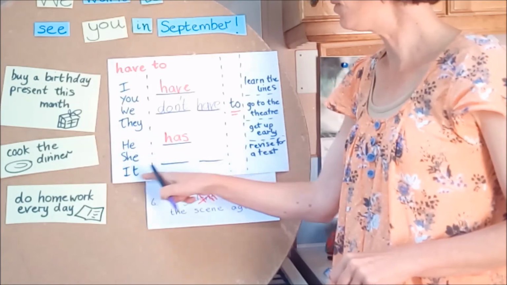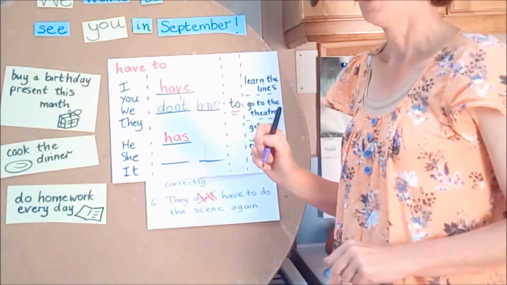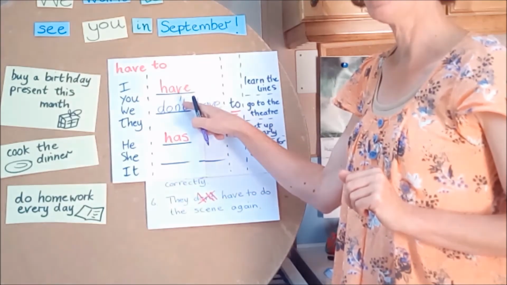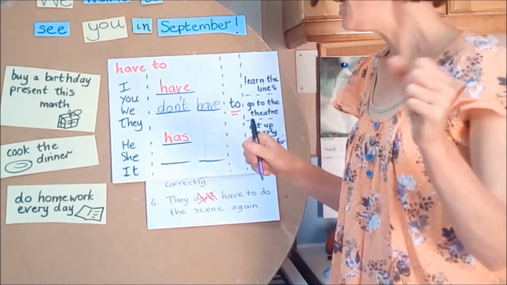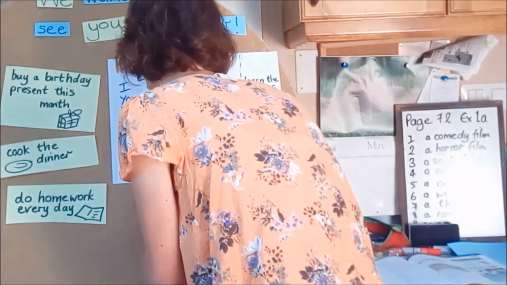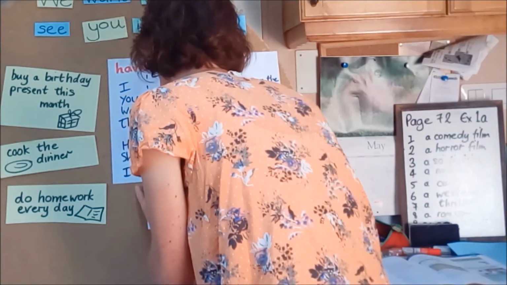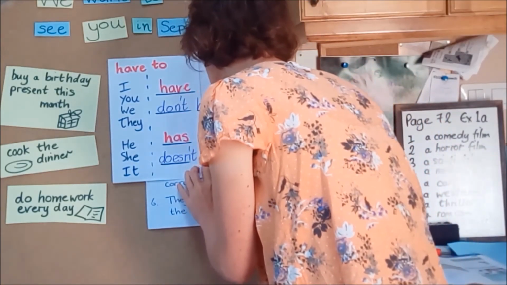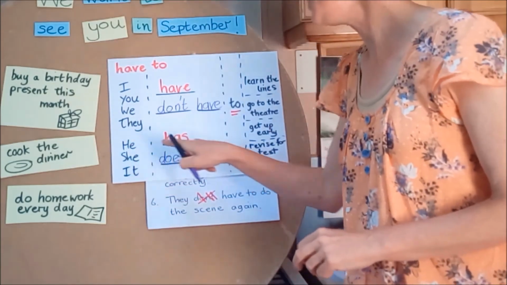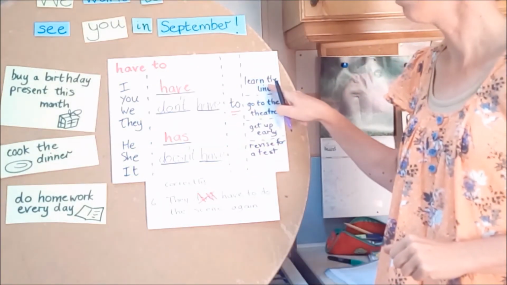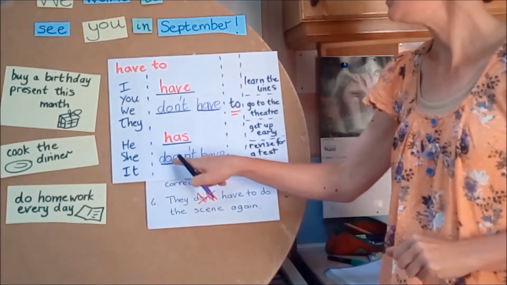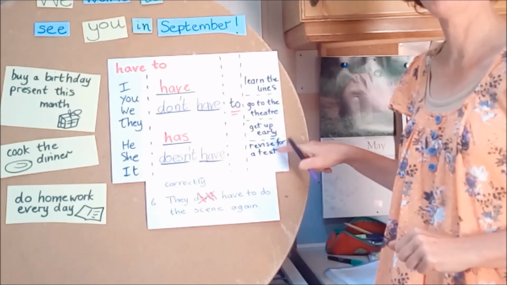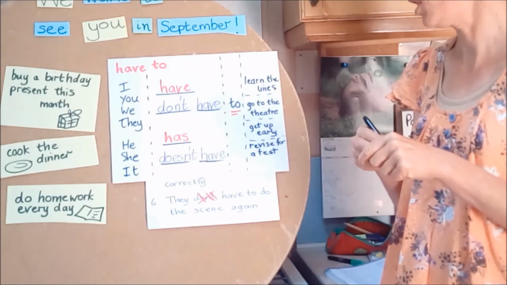And then for these ones, the helper is a little bit different. Remember? I don't like spiders. He doesn't. So the helper changes and the basic verb stays the same. So he doesn't have to learn lines. She doesn't have to revise for a test. Yeah, those are the negative ones, the things you don't have to do.